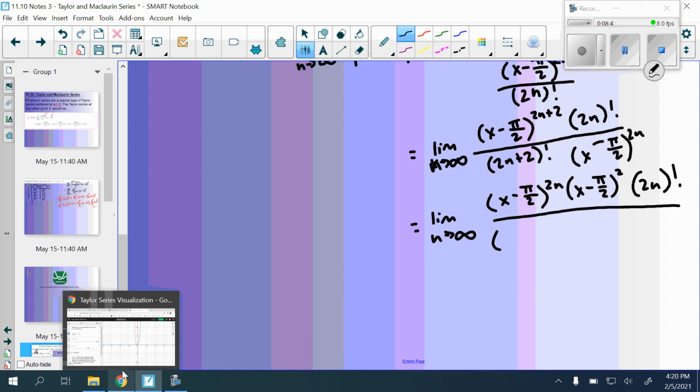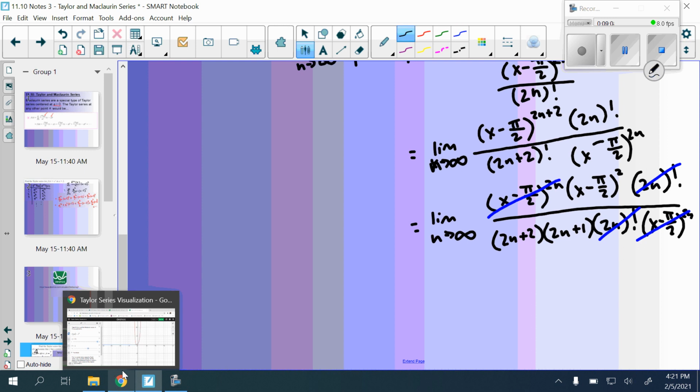On the bottom here, let's expand this factorial out. The term one less than this would be 2n plus 1. The term less than that would be 2n, and then it would continue on with that factorial. So now we can cancel some stuff out here. These two should cancel. Also, the factorials cancel.